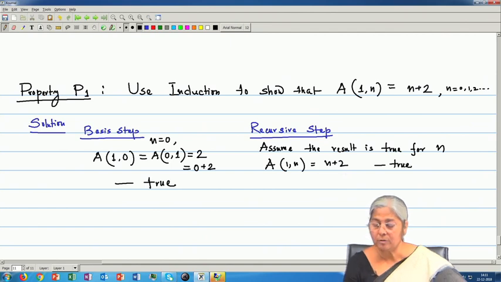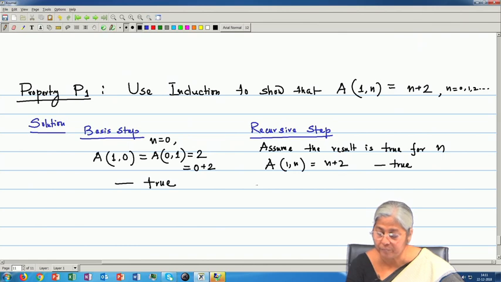Now, we have to show that for i equal to n plus 1 it is also true.